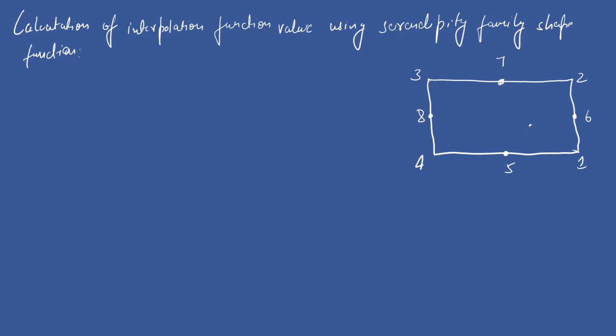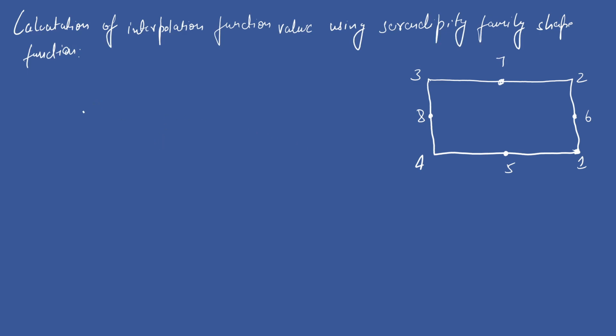So these are the particular nodes availability. So let's mark this.